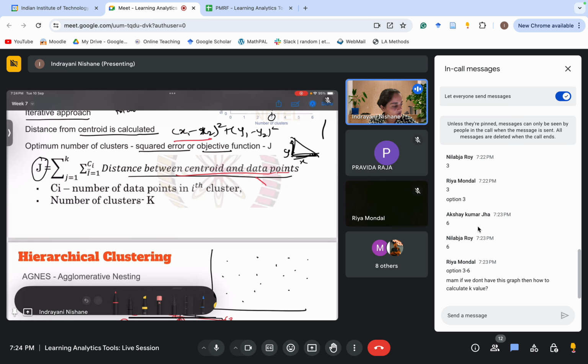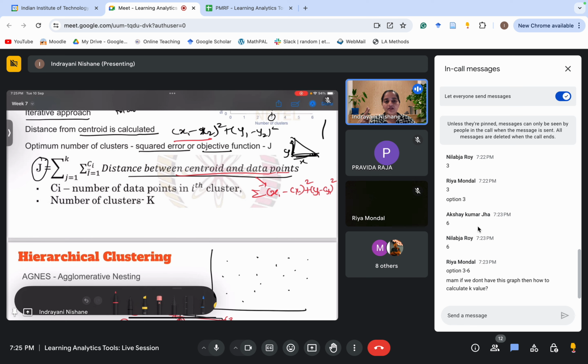So this formula becomes (x1 minus cx1) squared plus (y1 minus cy1) squared, where cx1 is the x coordinate of the centroid. You have to sum it for all the centroids.